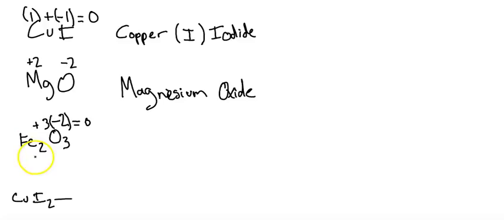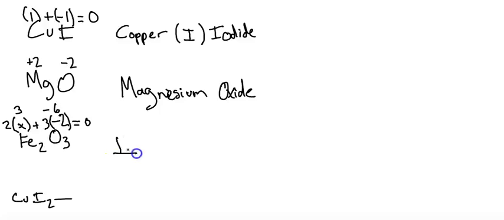Well, we know that looking at our Fe, we have 2 Fe ions. So we're solving for that X there. We know that this equals -6. So whatever we put over here is going to have to equal +6. If we divide 6 by 2, we get 3. We know our X equals 3. So our Fe has a +3 charge.